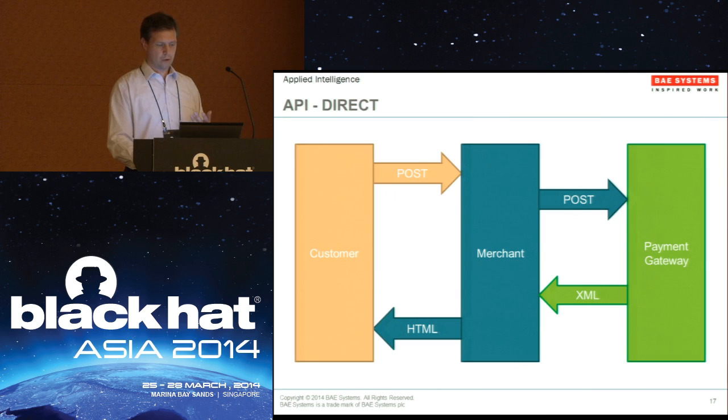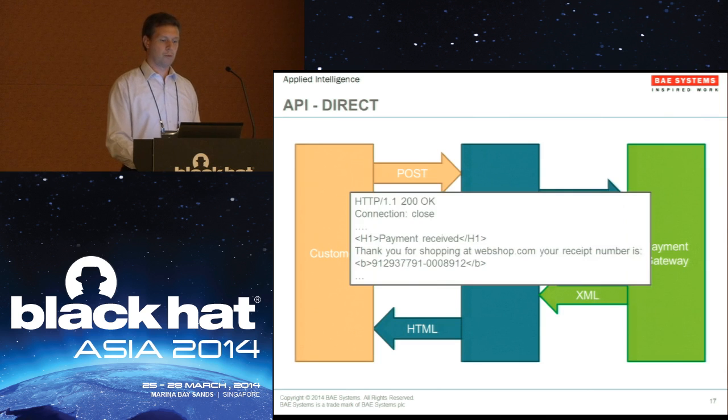And then based on that, the merchant will send back some HTML saying payment was successful, or payment failed, please try again, contact support, whatever. So that's sort of the very straight and narrow, simple implementation, but it has the PCI requirements.